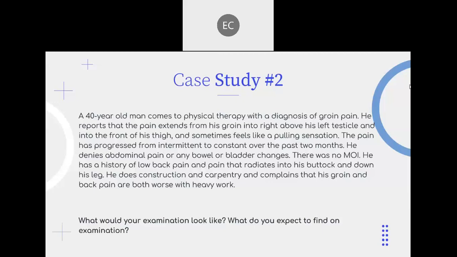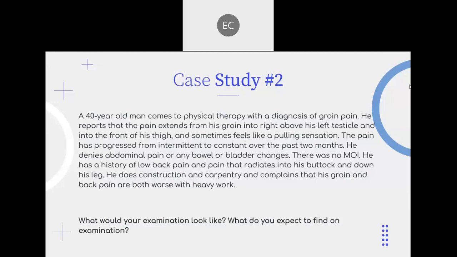From the beginning, it'd be looking at posture, right? Maybe he has some hyperlordosis going on. Palpating the inguinal canal for the spermatic cord, the lower abdomen and the pubic symphysis, maybe even the piriformis, since she has that pain going down the buttock and the back of the leg.